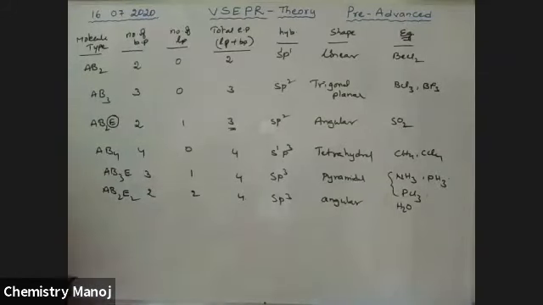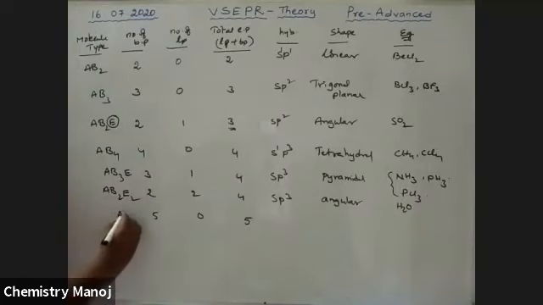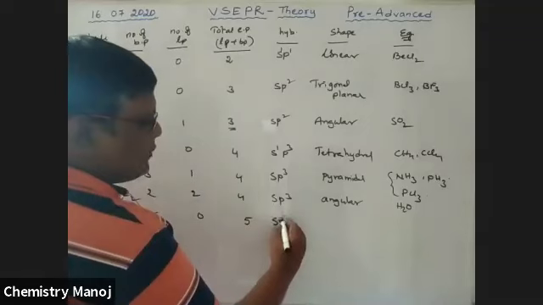Next, total pairs 5 at the central atom. All are bond pairs, no lone pairs. It is an AB5 type molecule. Hybridization is sp3d.